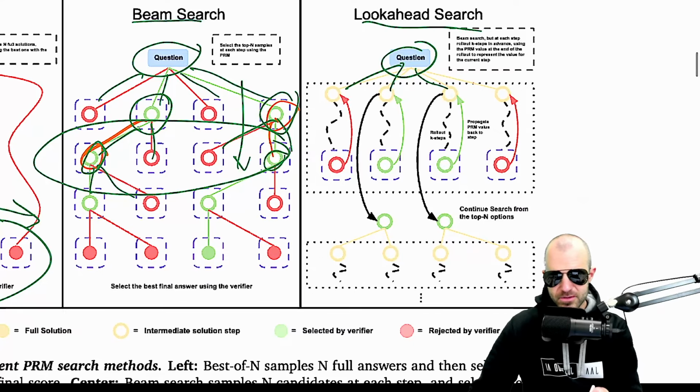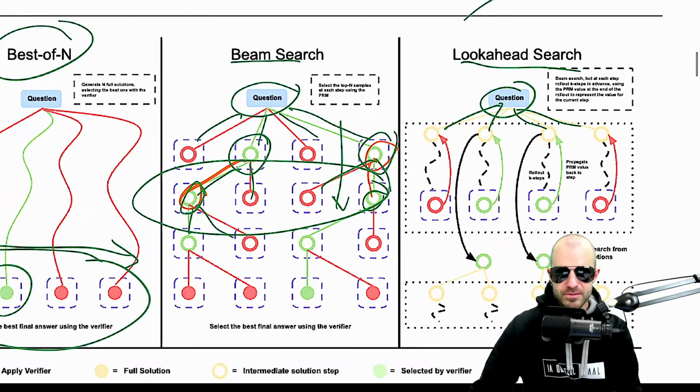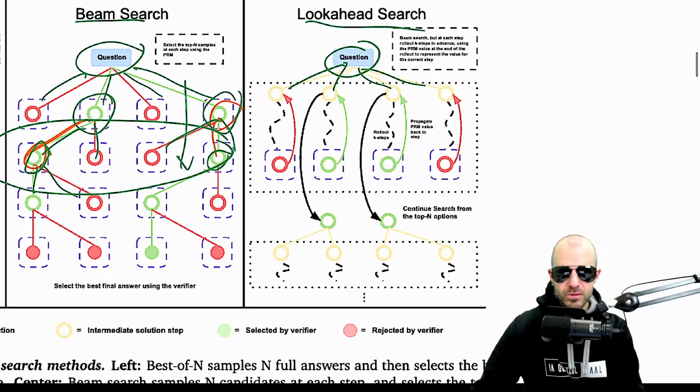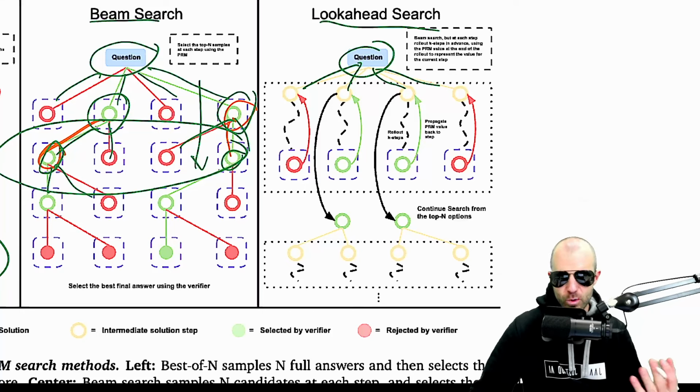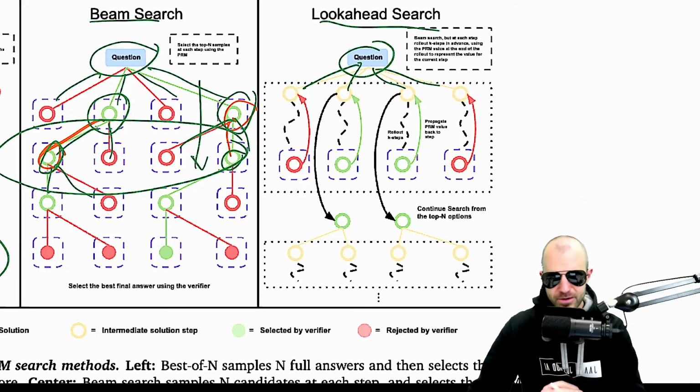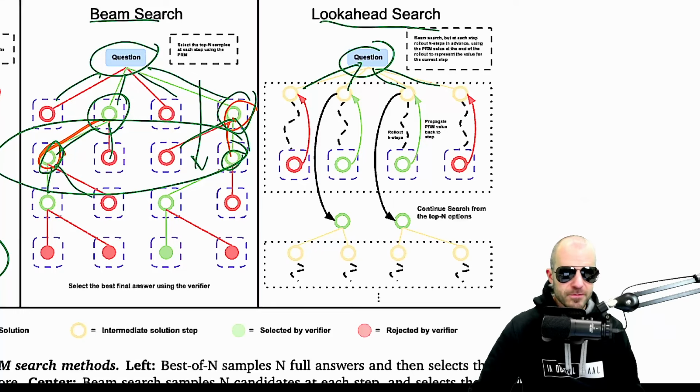Again, sample a bunch of times, like in best of n, like in beam search, but now you don't just pick the best one of these answers. What you're going to do is a fictitious rollout into the future. This is very reminiscent of Monte Carlo tree search. If you've seen AlphaZero or something like this, this is very reminiscent of those.